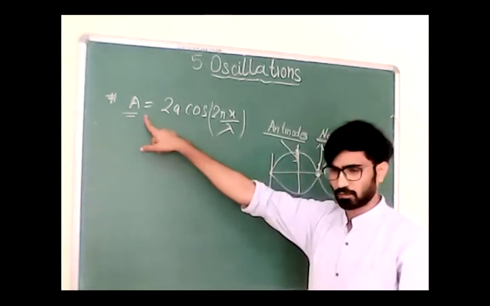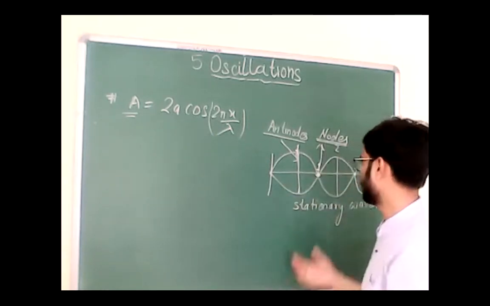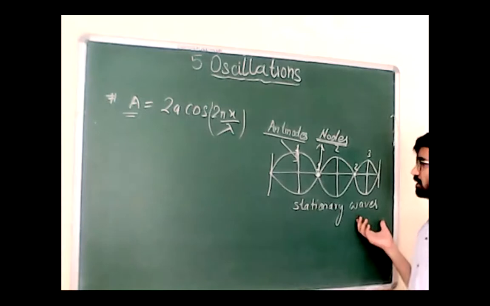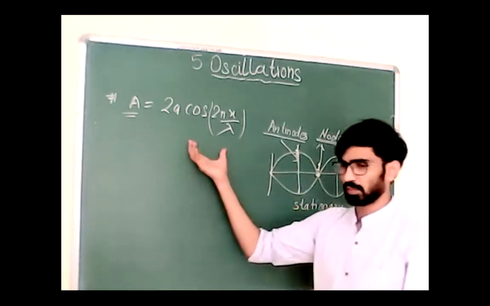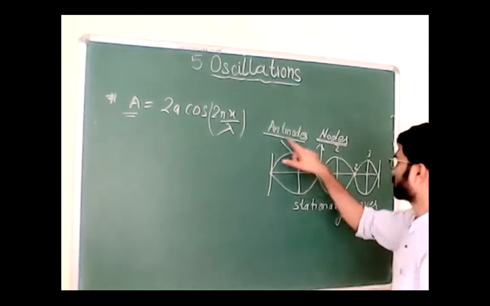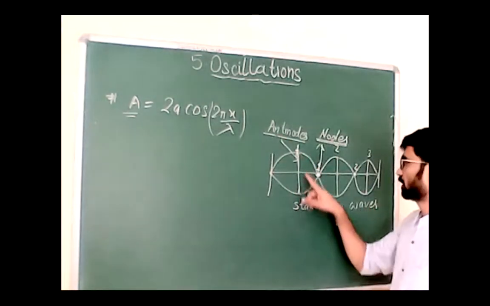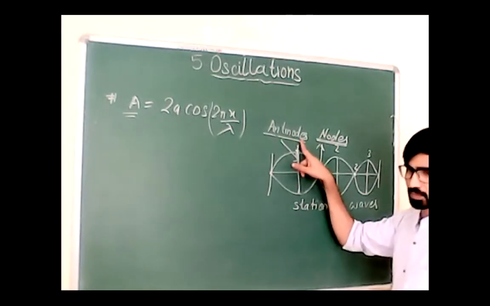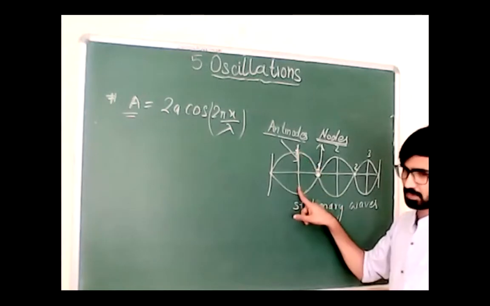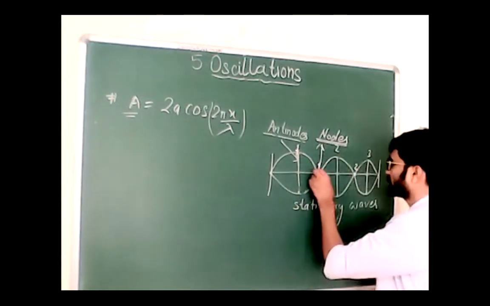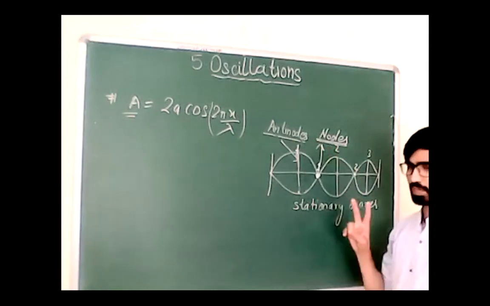So this is the formula for amplitude with respect to a stationary wave. Since these nodes and antinodes depend upon the amplitude, ठीक है, जब भी हमारे पास एंटी नोड है, एंटी नोड पे the amplitude is maximum, and at node the amplitude is zero. So we have to use those two conditions.